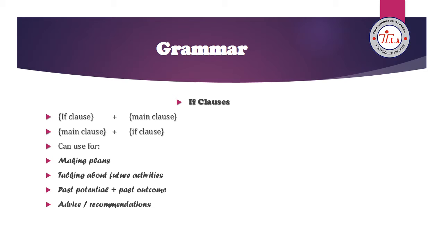This means things done differently in the past and the different outcome in the future. Finally, we can use them for advice and to give recommendations as well. These are useful kinds of sentences. I want to share a couple of ways you can use these as well as a couple of grammar points inside the sentences. So let's start.